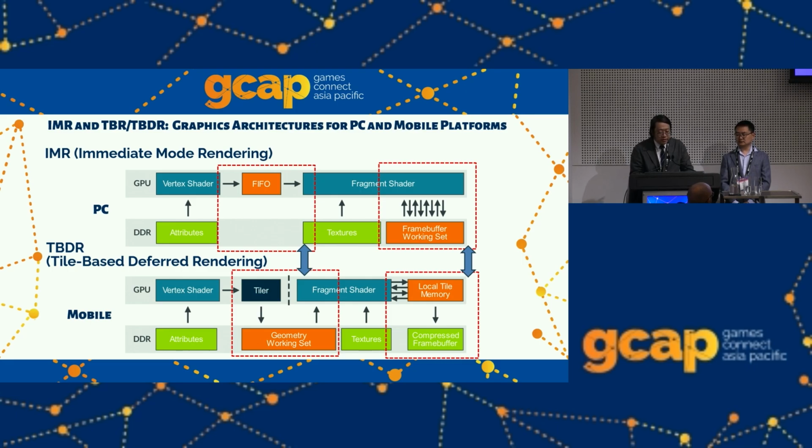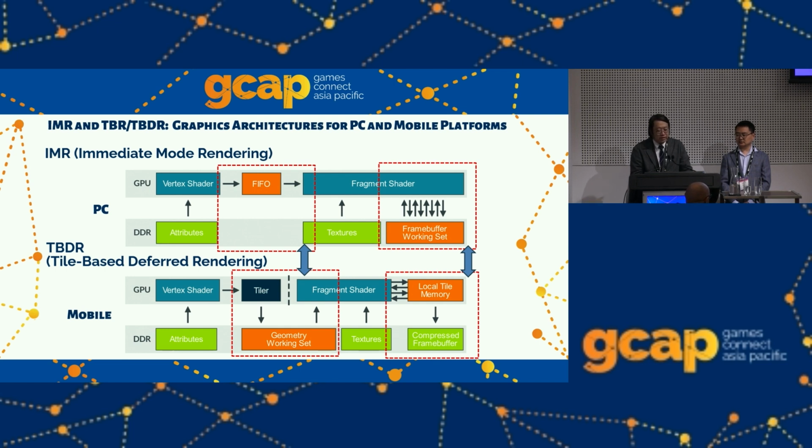TBDR divides the screen into tiles and processes only one at a time. This approach requires loading and processing data only for the current tile, which enhances the utility of the on-chip cache, reduces bandwidth pressure, and improves energy efficiency.